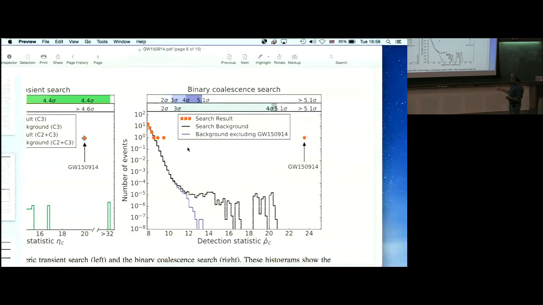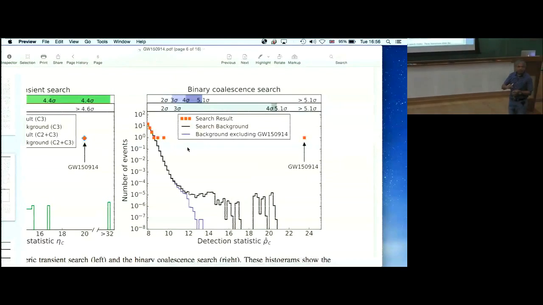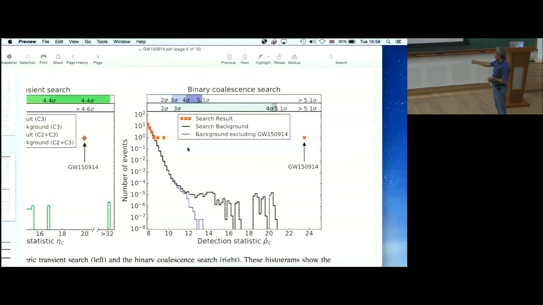What's plotted here in black is the false alarm that you get by comparing your original data set with the time shifted one. And you do not just one time shift, but as many as is allowed by the data, thousands and thousands of them. That allows you to obtain the number of events as a function of detection statistic. This is not a cumulative plot. It is the number of events in each bin.